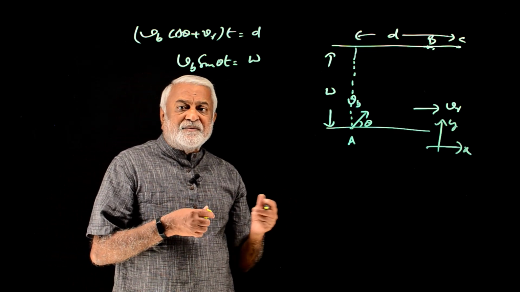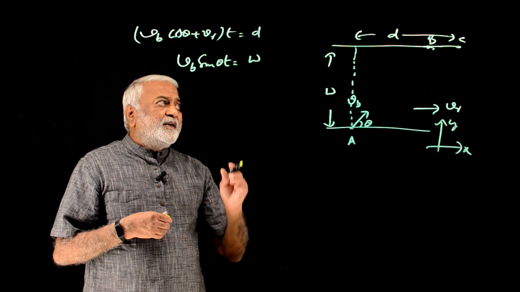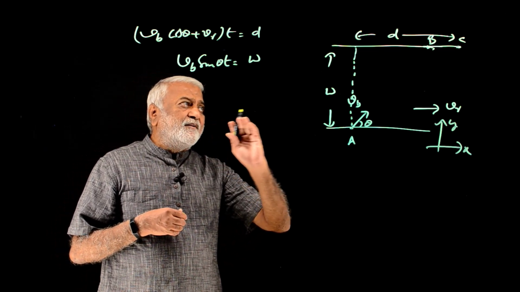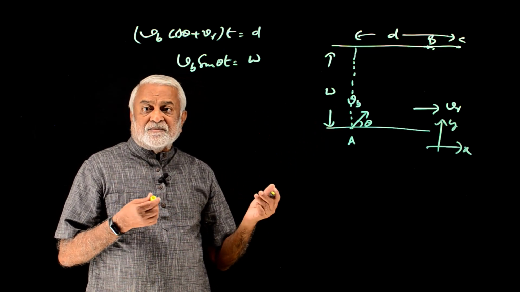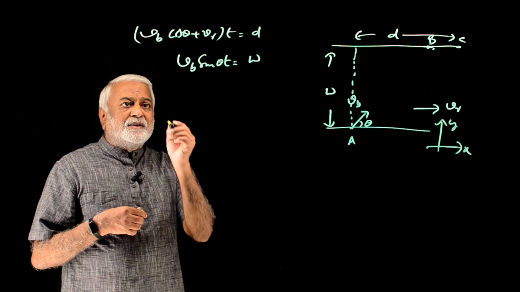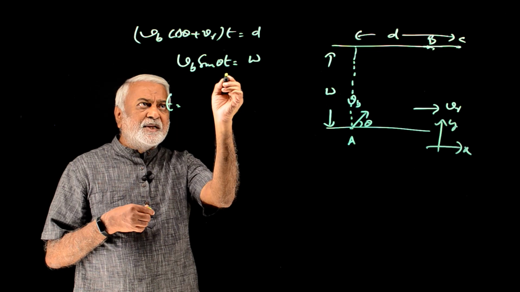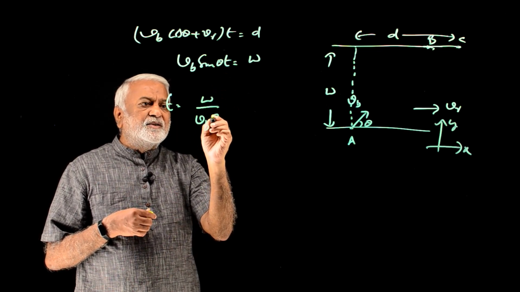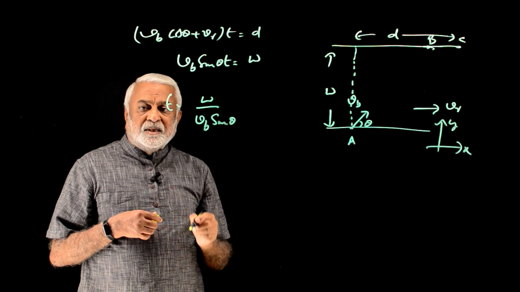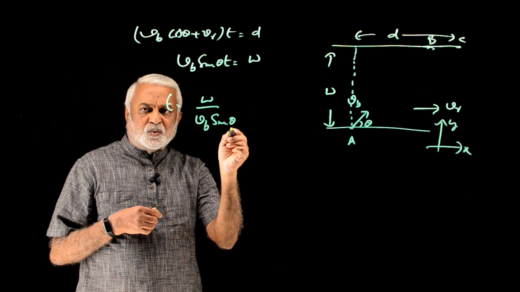Sometimes the information given is indirect, like for example, how far does the boat travel downstream if it crosses the river in the shortest time? Now, this is a bit indirect, so we get to the time part by going here. This simpler equation, w by Vb sin theta, and you can see t will be least when sin theta is maximum, that's 1.